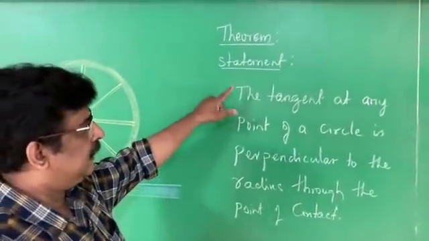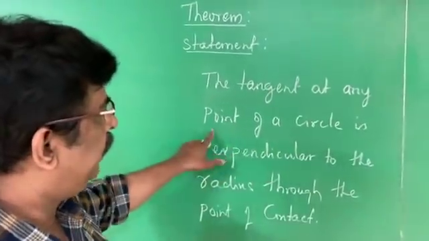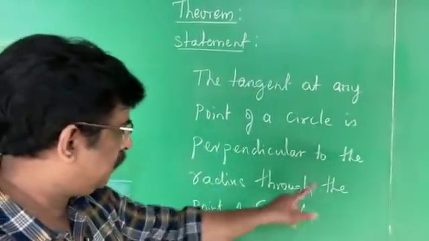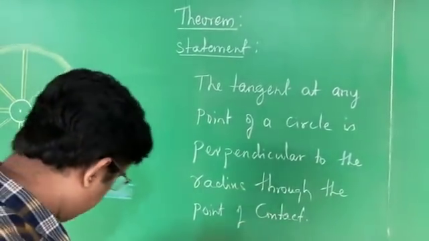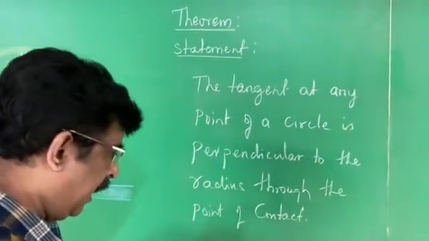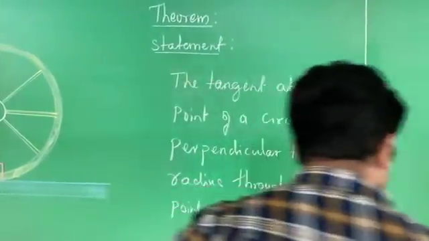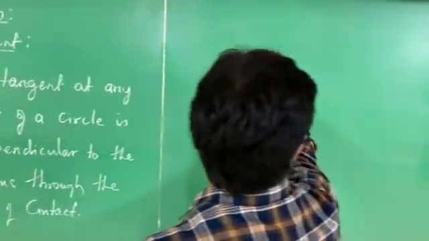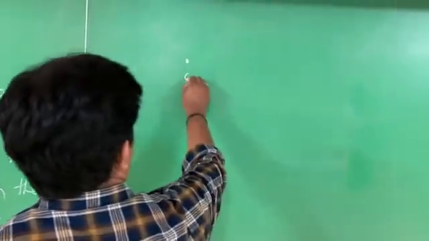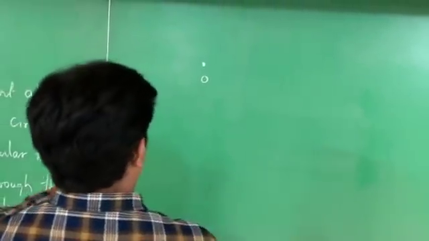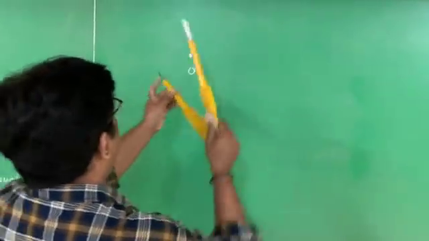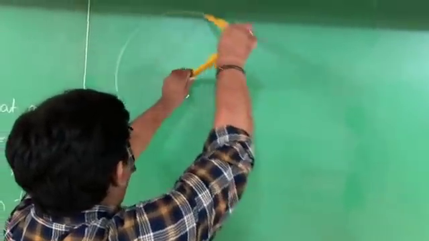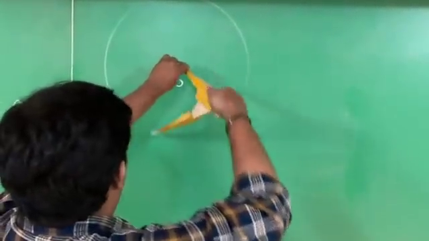The theorem tells that the tangent at any point of a circle is perpendicular to the radius through the point of contact. To prove this theorem, I require a diagram. The diagram is like this. See, this is the center. First I mark the center. I draw a circle. Now I am writing the figure related to the theorem.